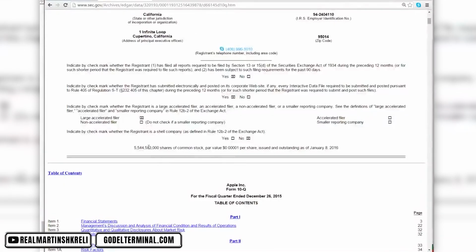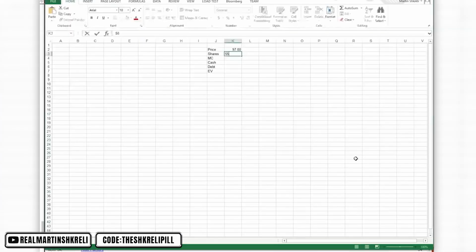It says right there, 5.5 billion shares of common stock as of January 8th. So I'm going to type in 5544.583, and that corresponds with the end of the fourth quarter of 2015. And the market cap is obviously the product of the two.